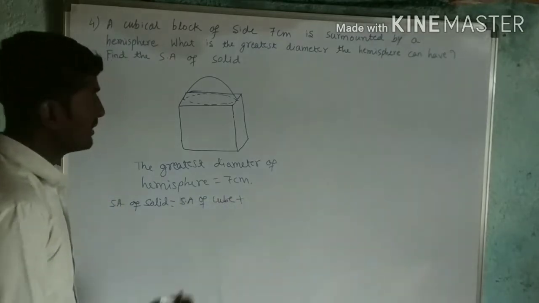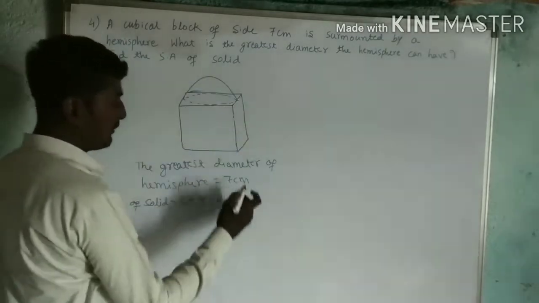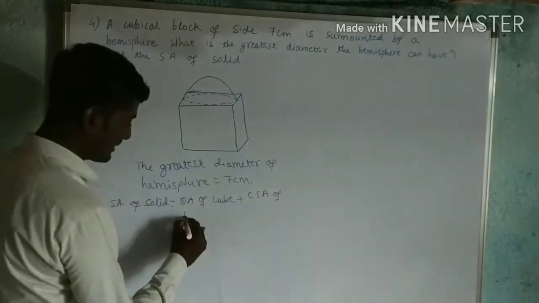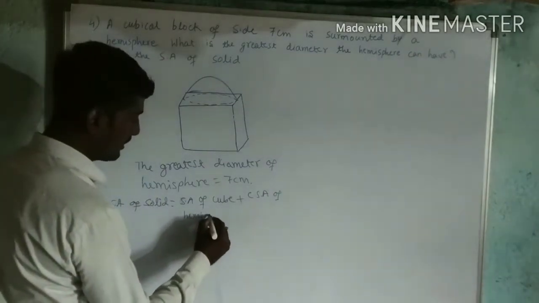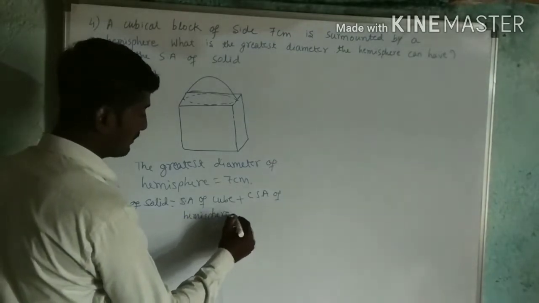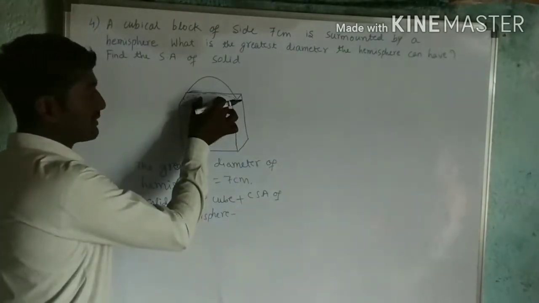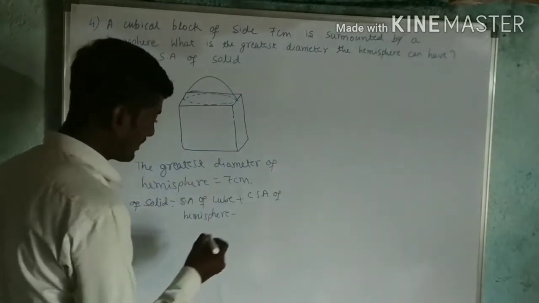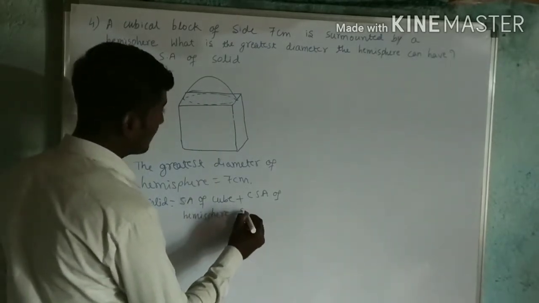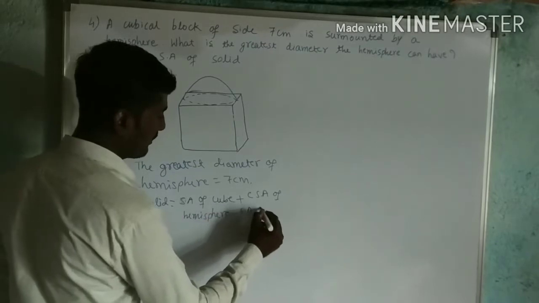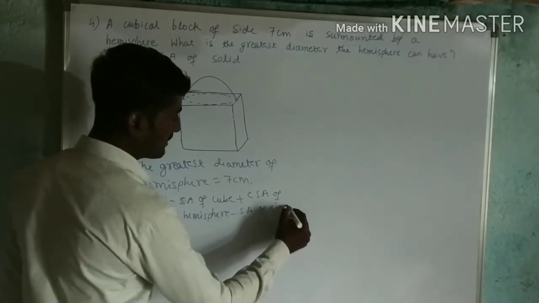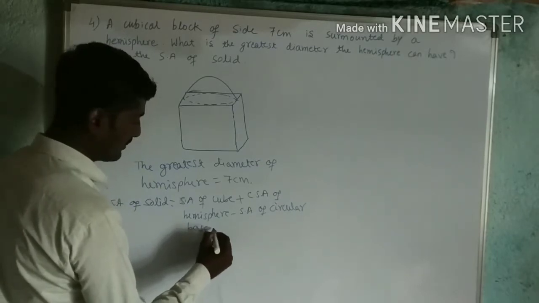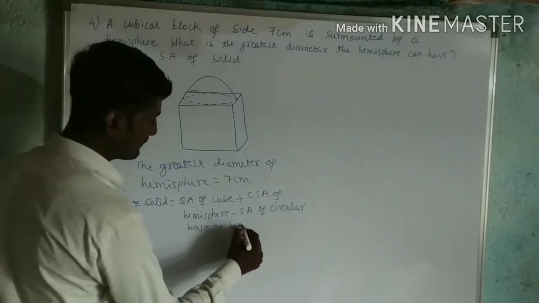Plus curved surface area, or CSA, of the hemisphere, minus the area of the circular base of the hemisphere. Okay, that is what? Surface area of the circular base of the hemisphere. Base of hemisphere.